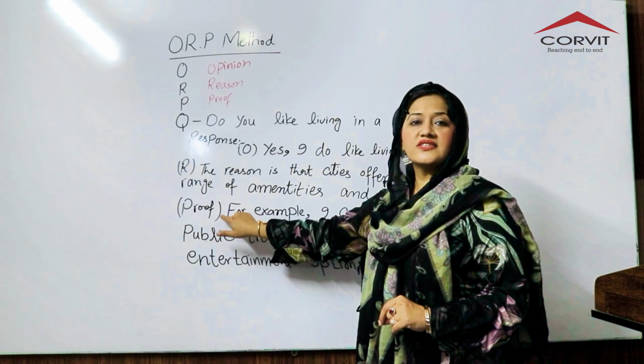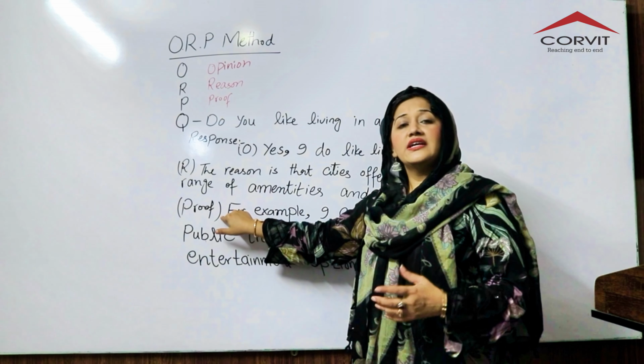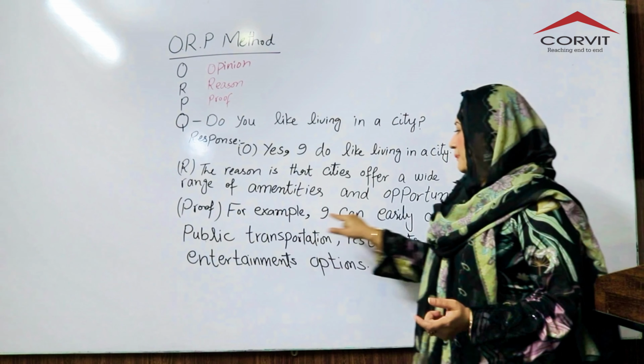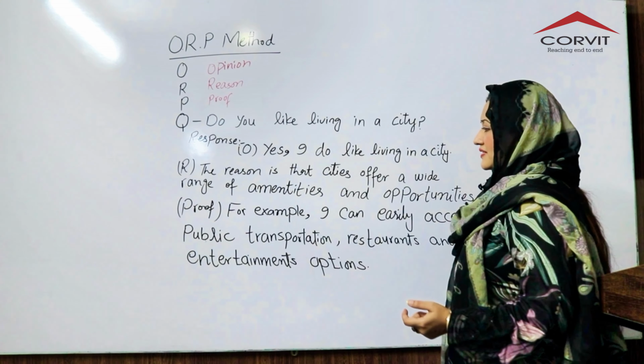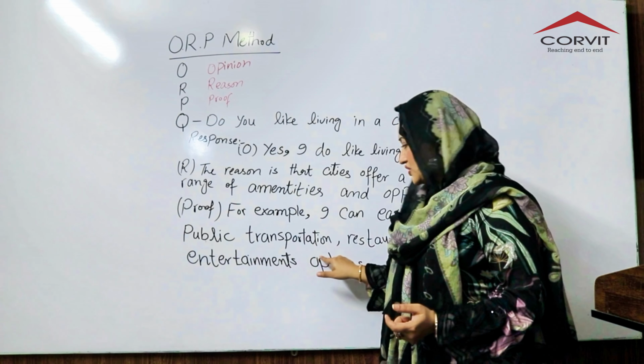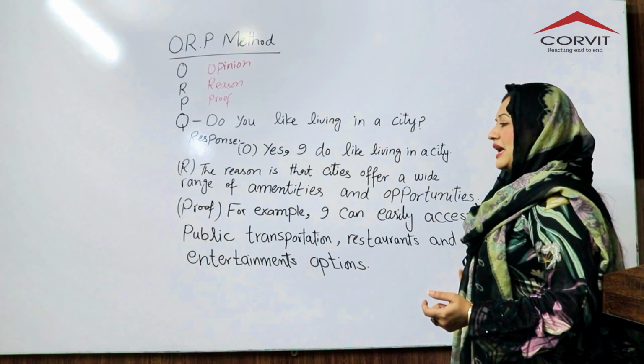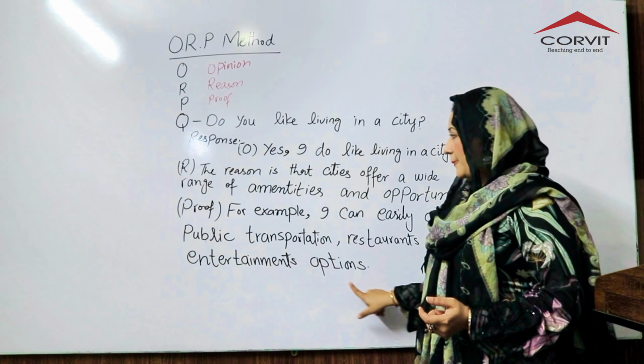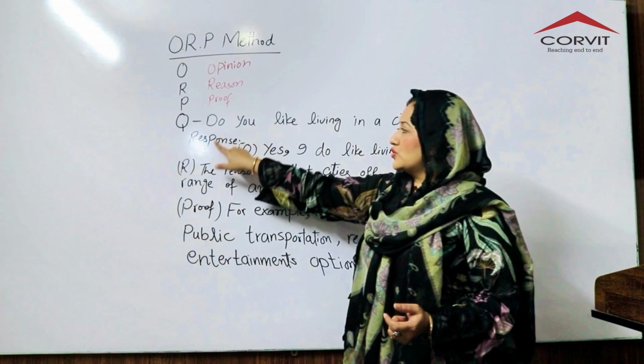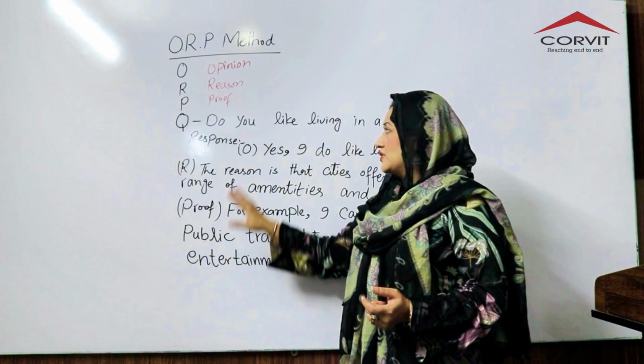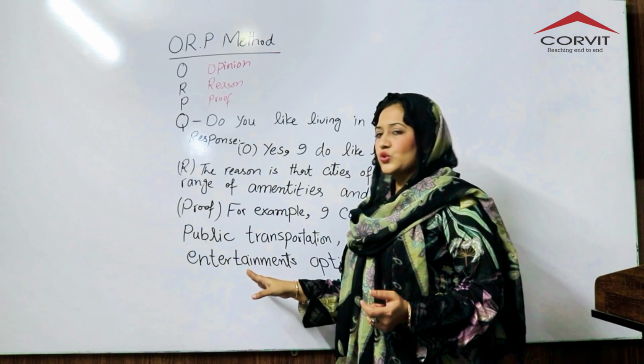While the last part is the proof, or you can say an example. For example, I can easily access public transportation, restaurants, and entertainment options. You can see I used the ORP method to answer this question.